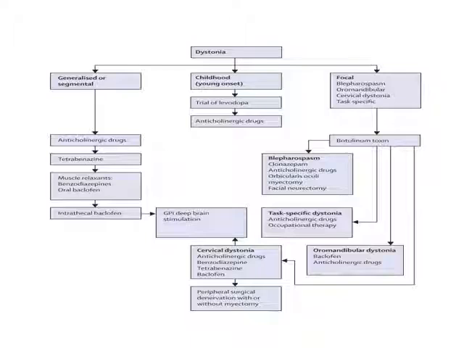So, the treatment here of dystonia is mainly medical, and if this medical treatment fails, we use deep brain stimulation and denervation or myectomy in peripheral surgical, but this can be only used in focal type.